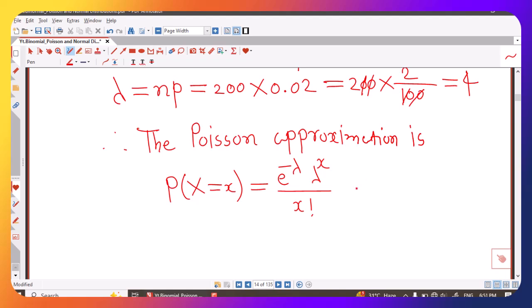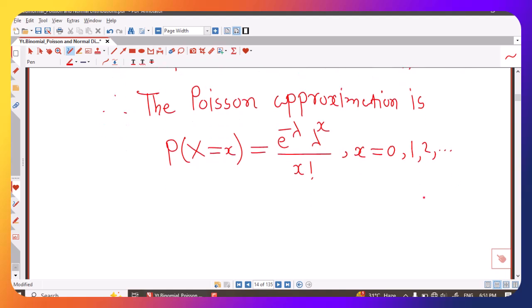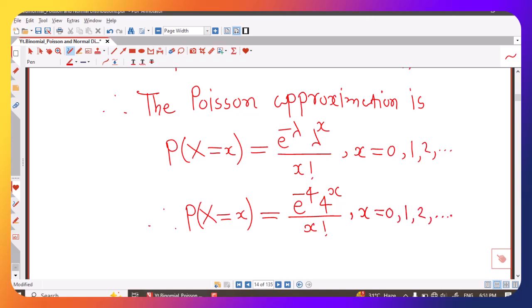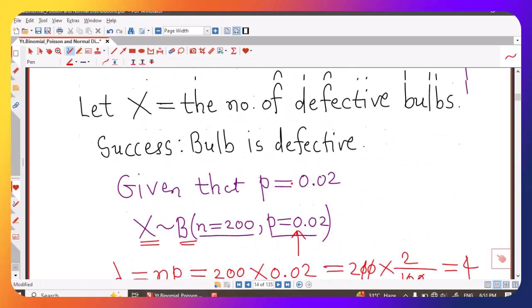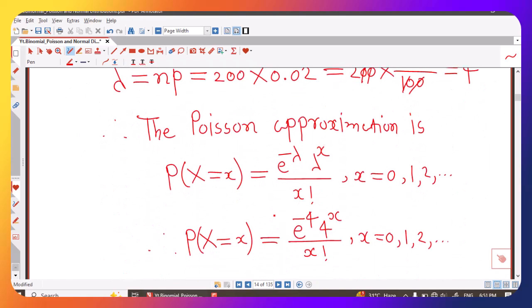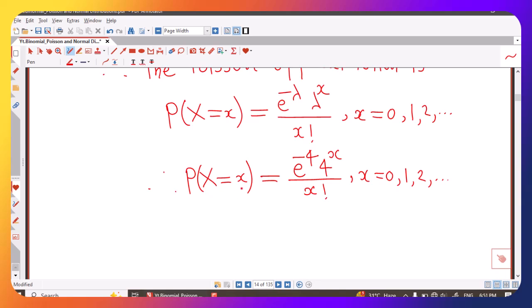For Poisson approximation the range of x is 0, 1, 2 and so on. There is no upper bound. Therefore probability of X equal to small x, with lambda equal to 4, is e raised to minus 4, 4 raised to x divided by x factorial, where x takes the values 0, 1, 2 and so on. And now once we have this function, it gives us the probability that x bulbs are defective.